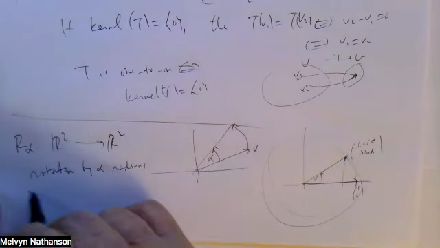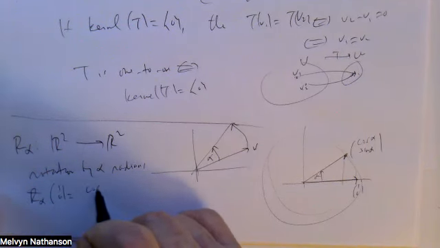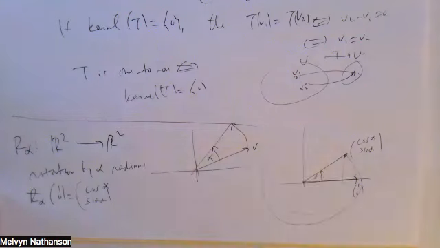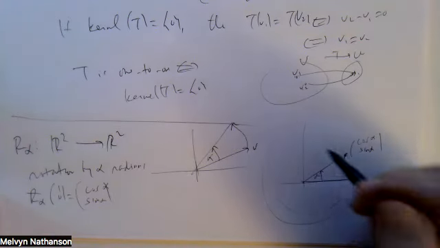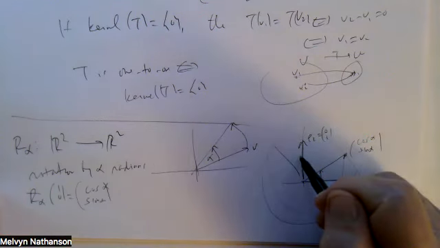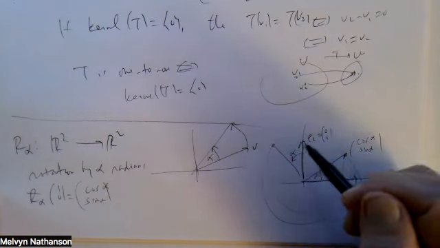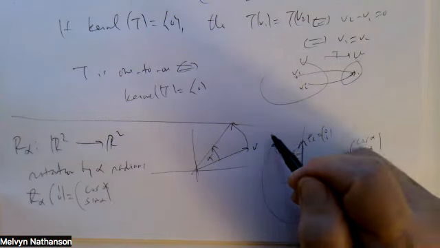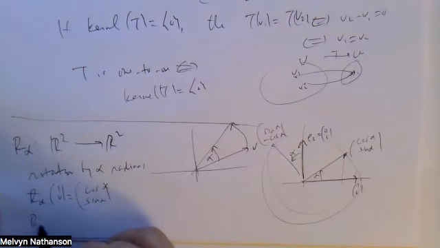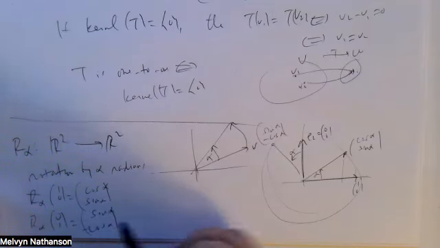So this rotation R alpha of the vector 1, 0 is the vector cosine alpha, sine alpha. If you take the other basis vector E2 equals 0, 1, you rotate this alpha radians around the circle, and the coordinates of this point are minus sine alpha, cosine alpha. So R alpha of 0, 1 is minus sine alpha, cosine alpha.